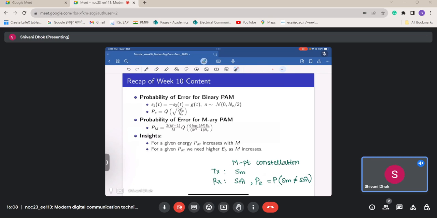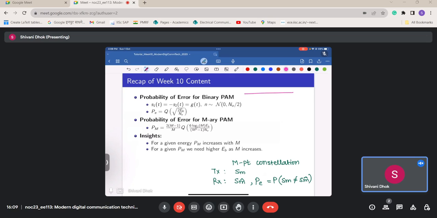In this week we looked at the probability of error for known constellation schemes, and the very first scheme we started with was binary pulse amplitude modulation. This forms a basic case because it's just a 2-point constellation. Let me draw it.